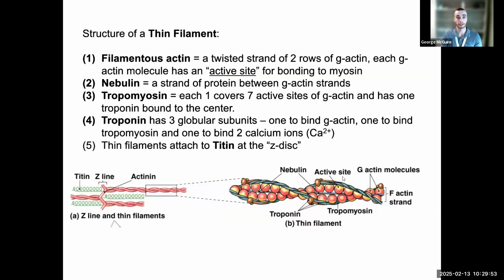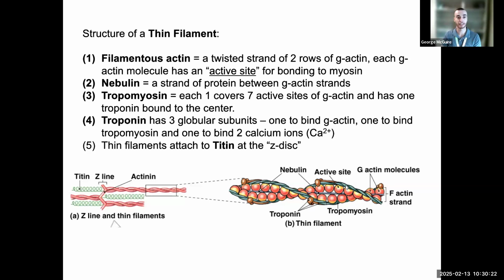And so thin filaments have a lot of different proteins in their structure. So our main protein of focus, I guess to start with, is these little circular G-actin or globular actin proteins. You could think of these as like a magnet, where this yellow portion of the globular actin is the active site, and it wants to attract to something on our thick filaments.